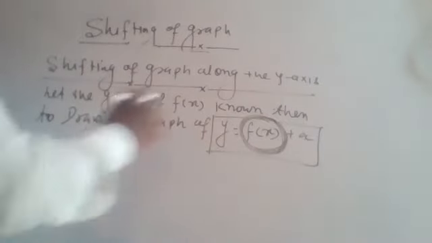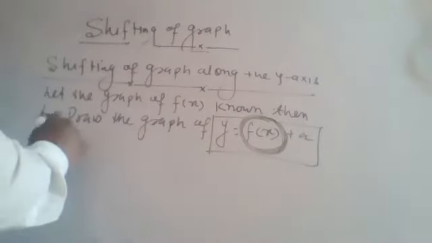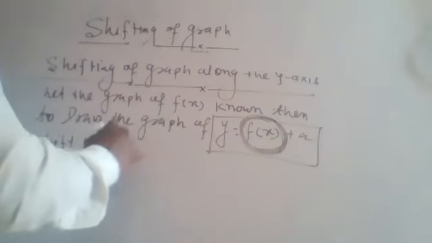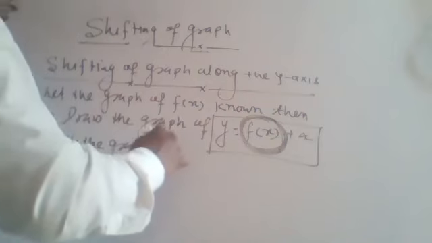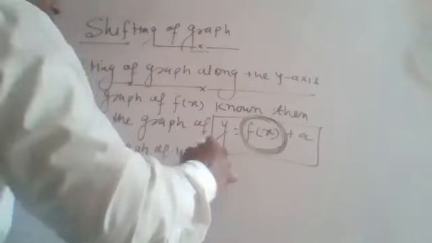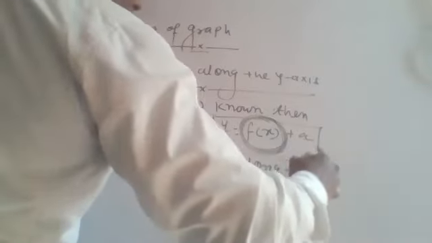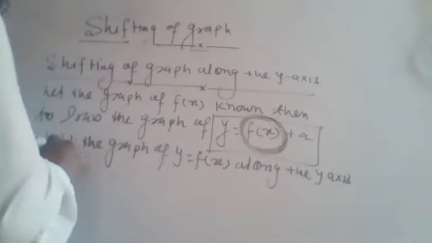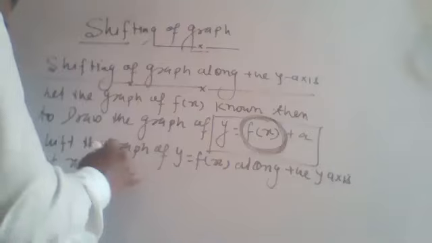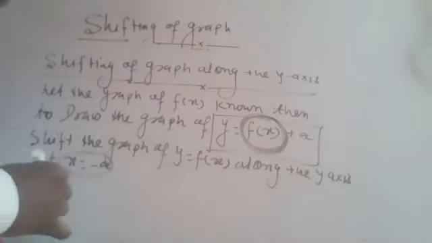To draw the graph of this one, shift the graph of y equals to f(x) along positive y-axis at x equals to minus a. Now you will get your answer.